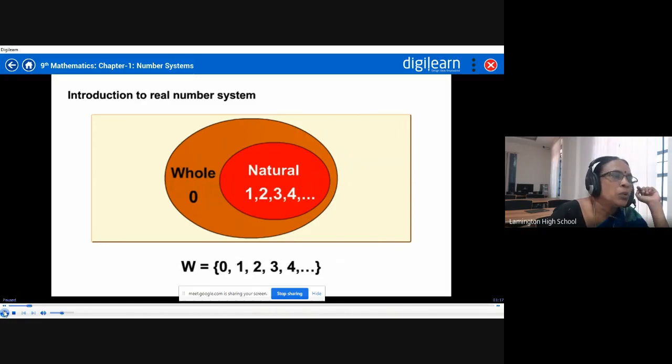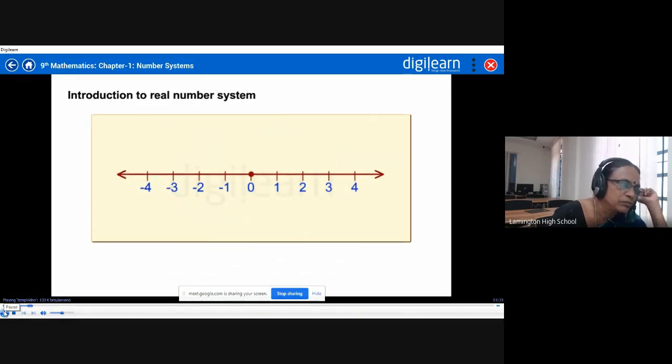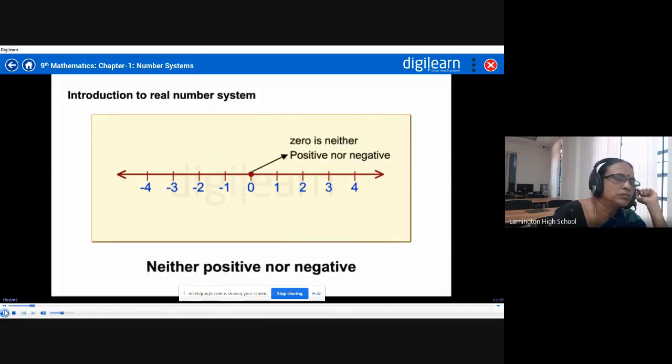So when we include 0 with the natural counting numbers, we call them whole numbers. The set of whole numbers contains 0, 1, 2, 3, 4, 5, 6, and so on. It is infinite.